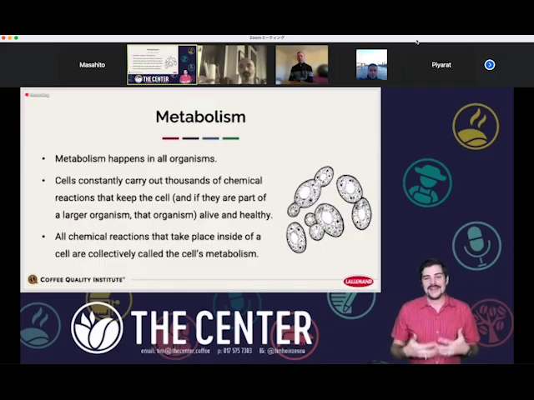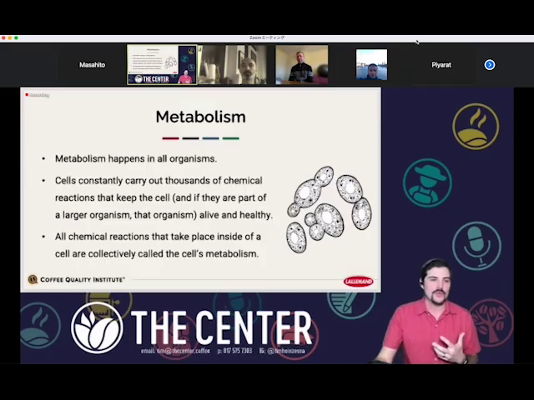It's about sustaining life. All aspects, from how the coffee seed grows to the types of compounds that are present, are built around this idea of sustaining life and being healthy. We need to remember that as we consider what makes high quality coffee. All chemical reactions that take place inside of that cell are collectively referred to as the cell's metabolism.